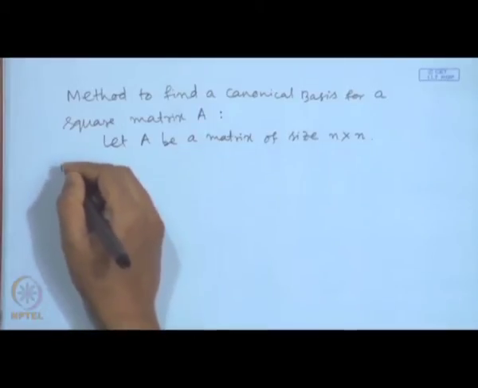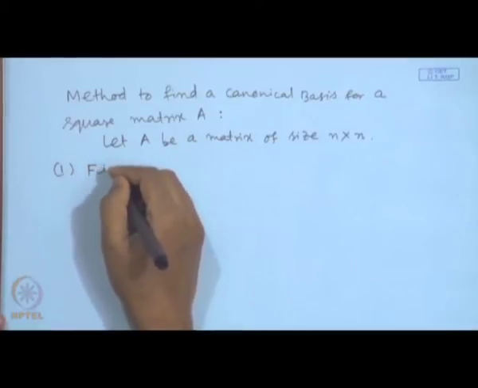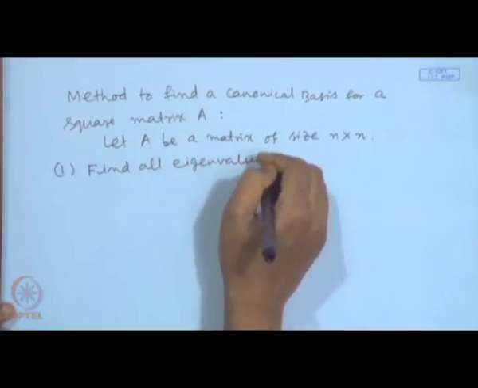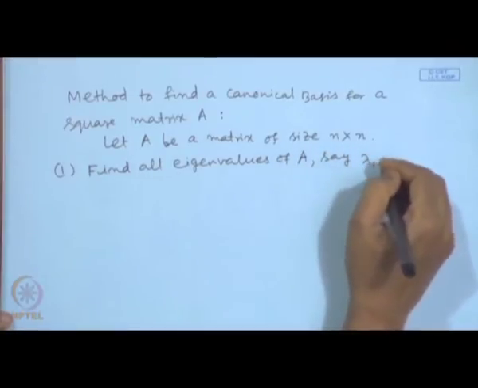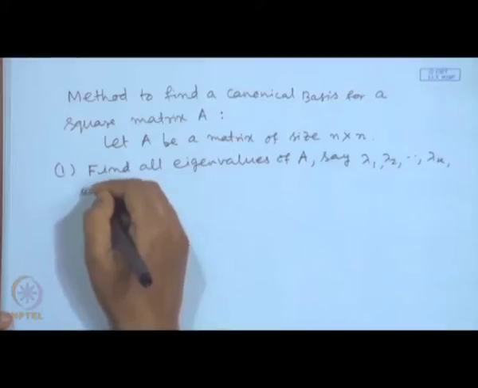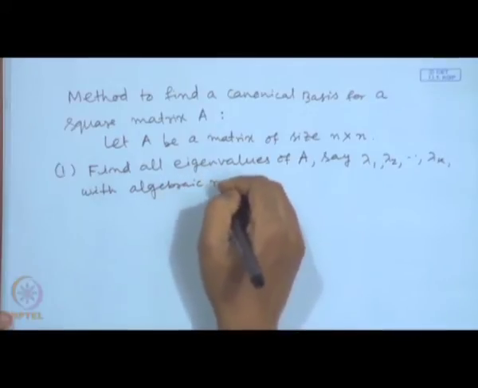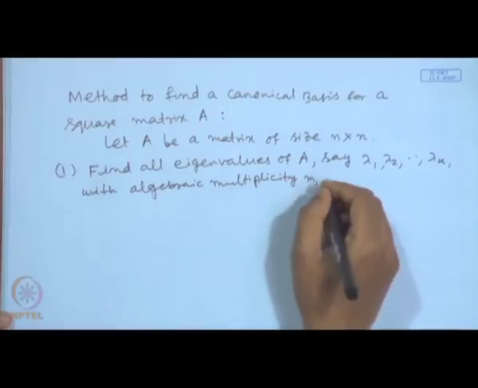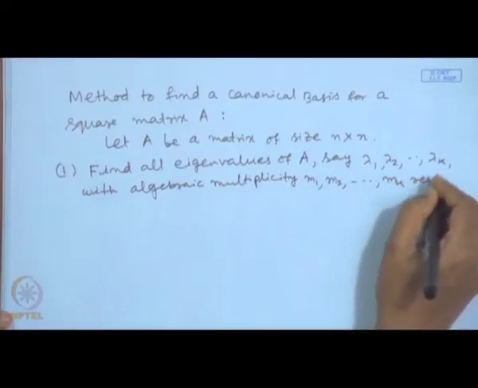So, the first step is we find all eigenvalues of A, say λ_1, λ_2 up to λ_k with algebraic multiplicities m_1, m_2 up to m_k respectively.